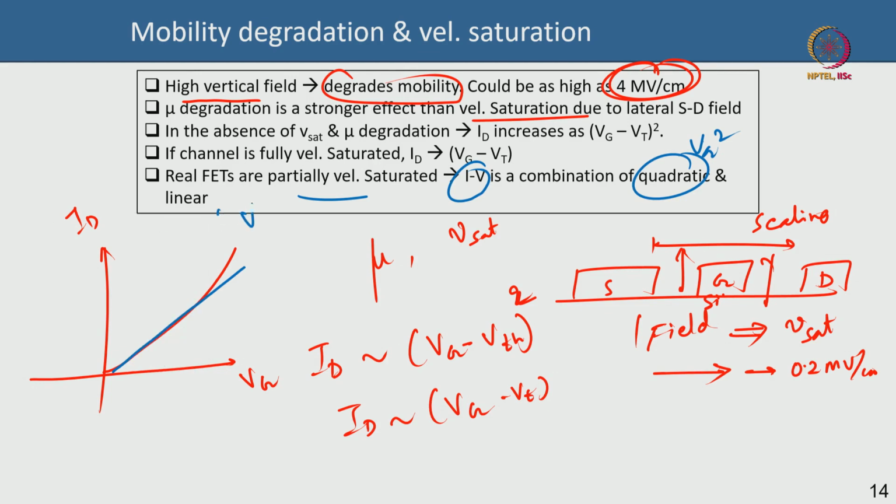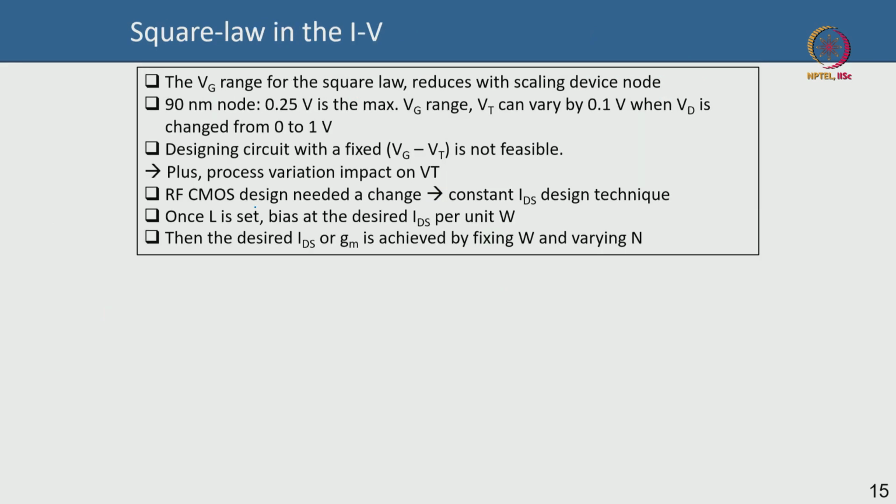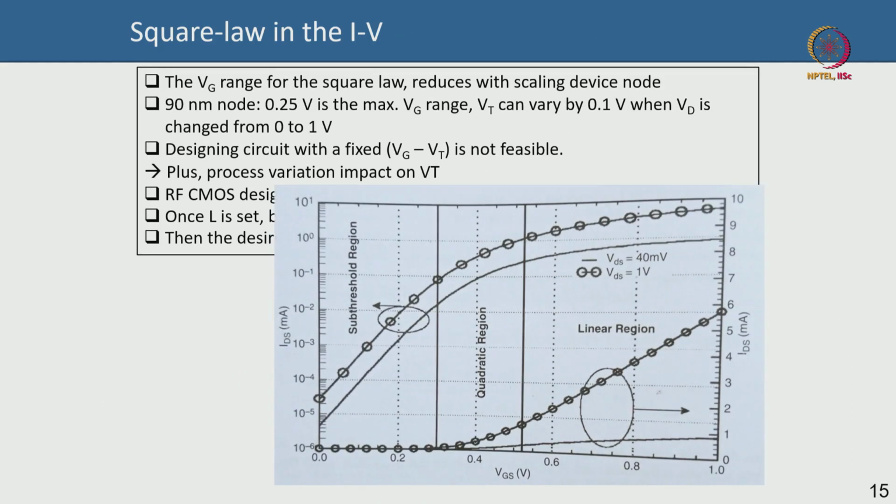What I mean is that you can see in the next slide, here is the diagram. This is your drain current, and on the x axis is your gate voltage. You can see that this part is a quadratic region, because your current is varying quadratically like this.